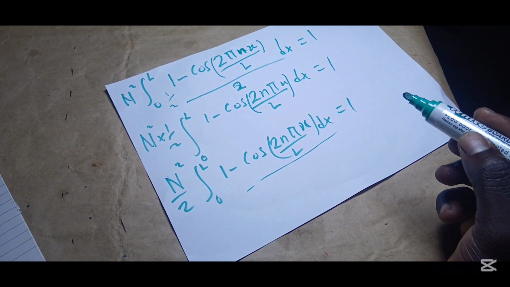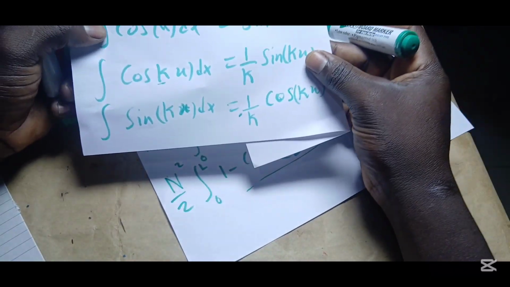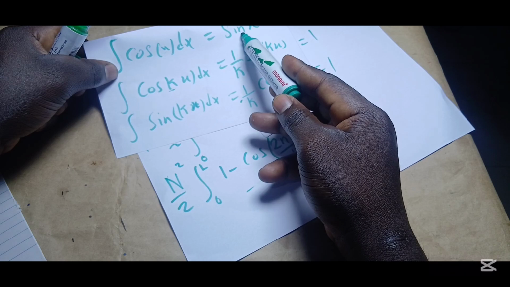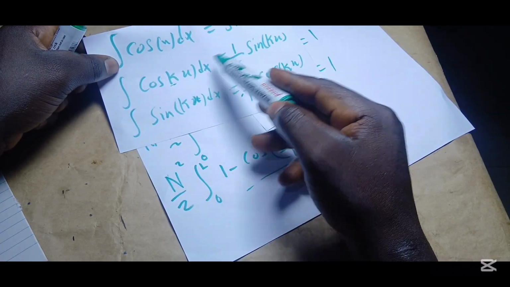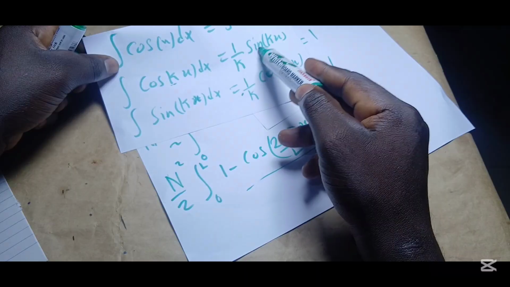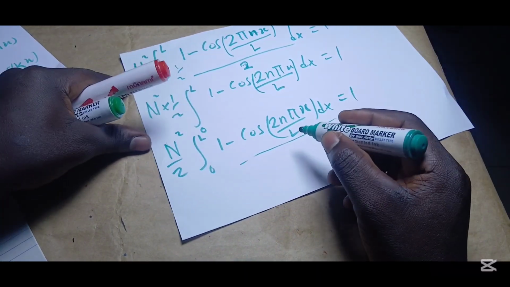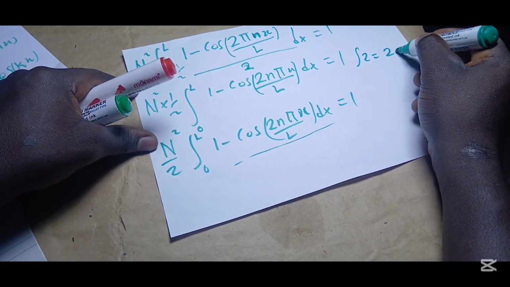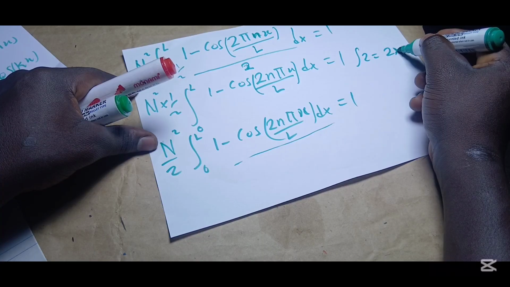If you are integrating cos x dx, it gives you sine x. Cos kx dx gives you 1 over k, sine kx. So in this case, integrating a constant will give you the constant multiplied by the variable in concern.